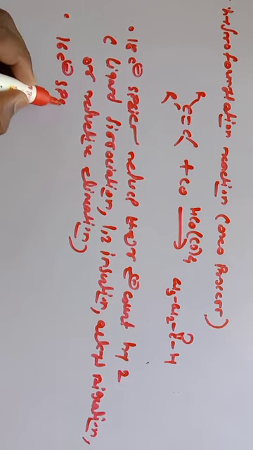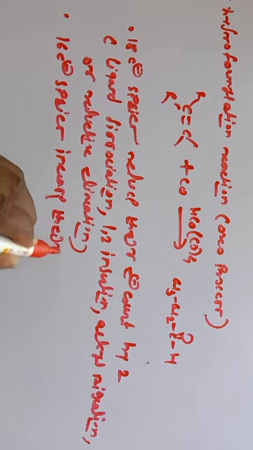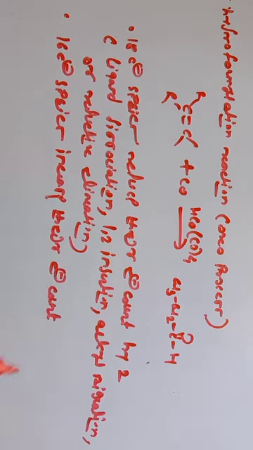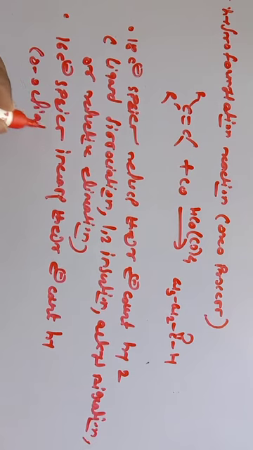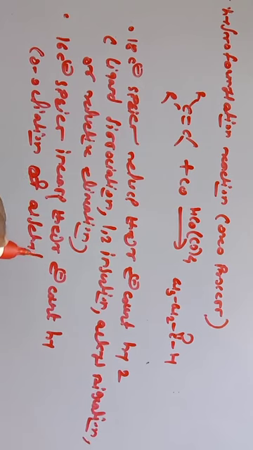The 16 electron species increase their electron count by coordination of alkene or CO, or by oxidative addition.